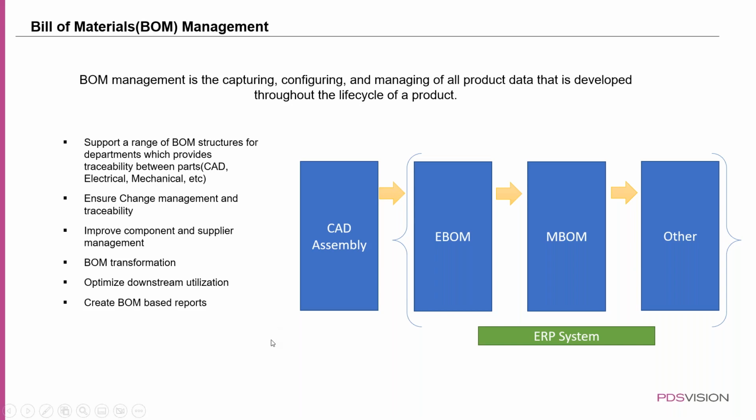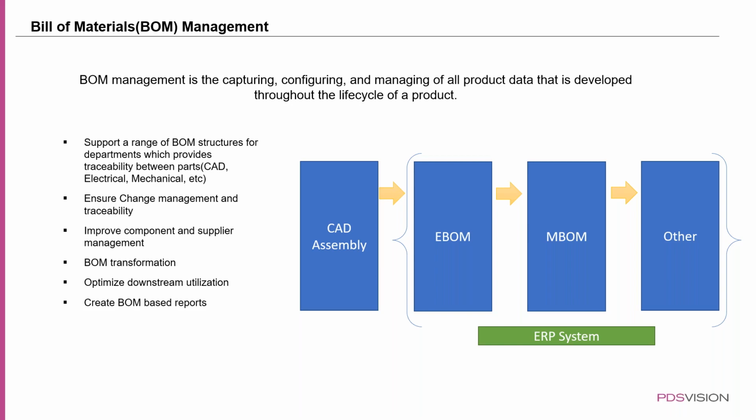So what are the benefits of doing all this? One of the best benefits is that different departments, such as engineering or manufacturing, have their own version of the bill of material and can work on it. They can also make changes to their bill of material separately.